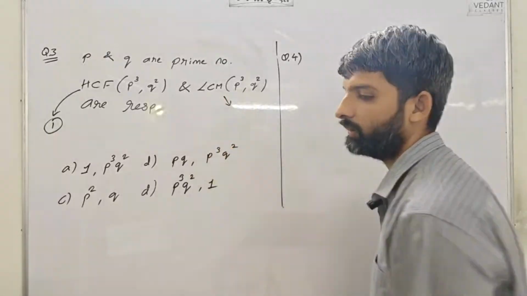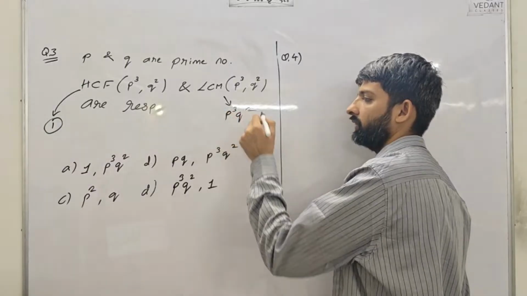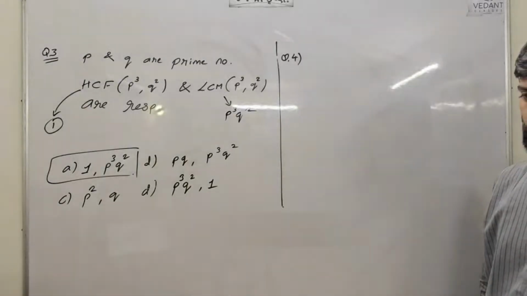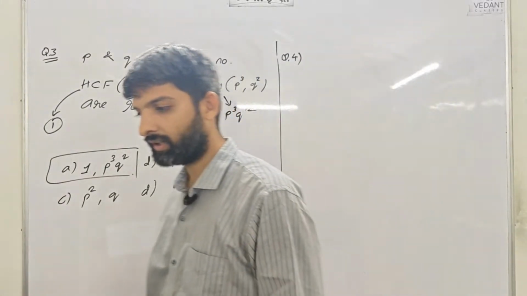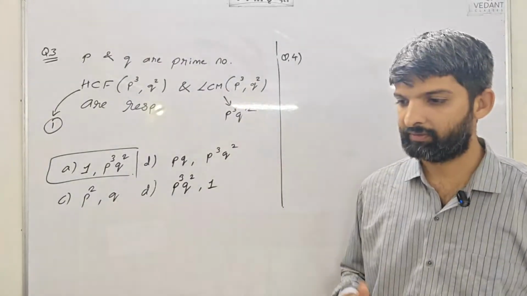And here, as these two are prime numbers, you directly need to multiply P cube Q square. So option A will be the correct answer.